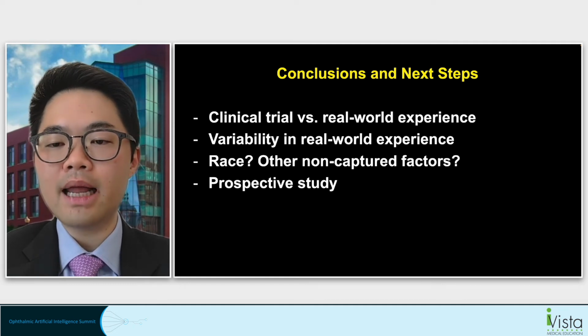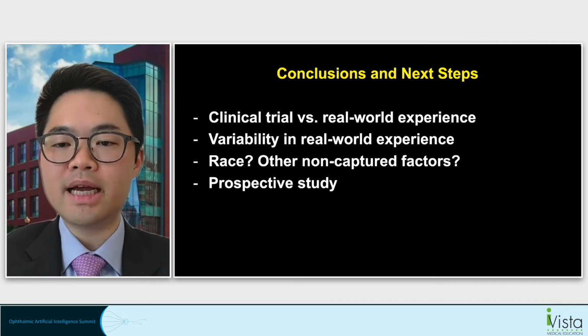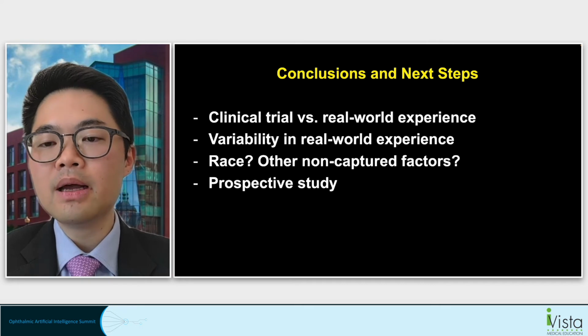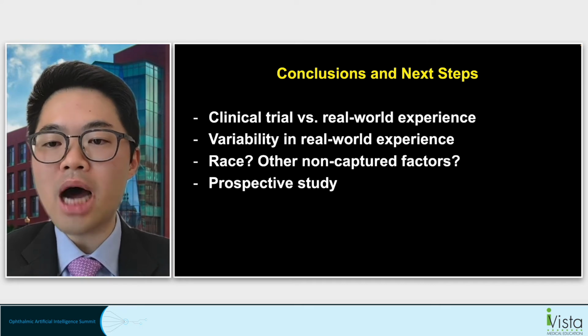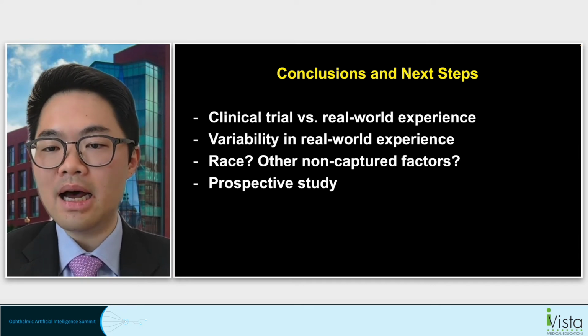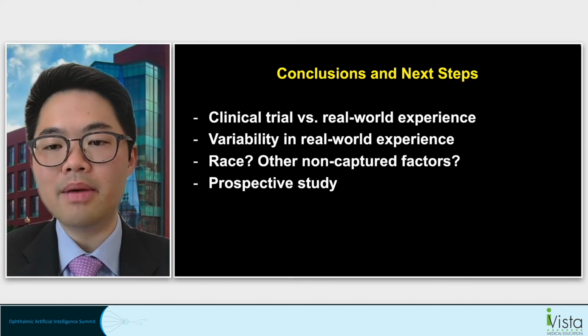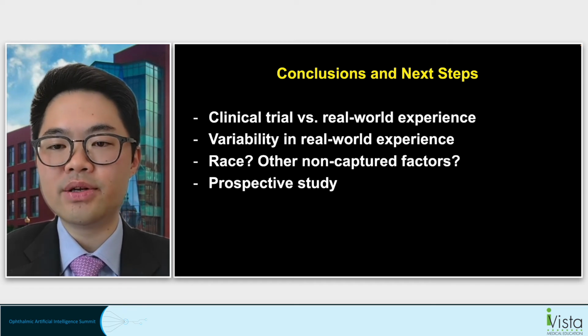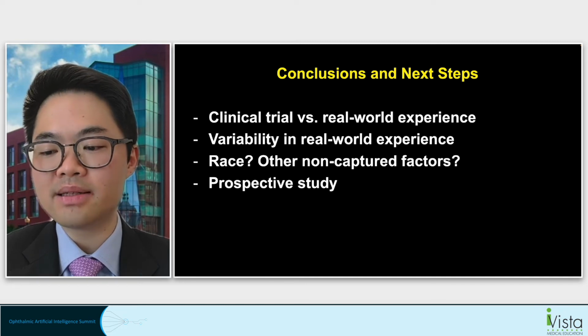We believe that given the higher percentage of African American patients in our patient population, these patients tend to not dilate as well in dim light environments or without pharmacological dilation, which in turn led to worse image quality, which in turn led to a higher non-diagnostic rate.